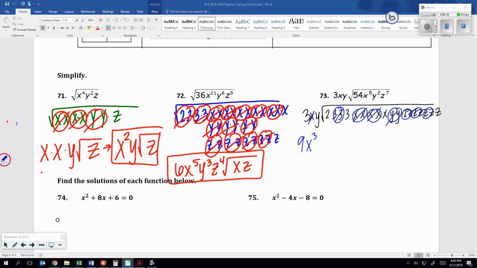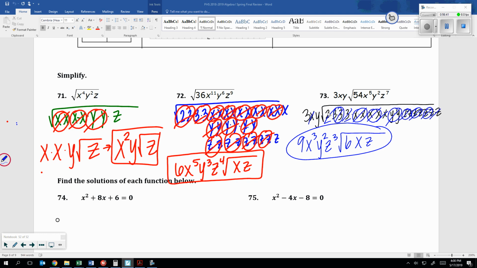I have 1 y, I had 1 out already, so now I have 2. And I have 3 z's, no other z's. Now underneath, I have a 2 and a 3 left, so 2 times 3 is 6. I have an x left and a z left. And there's that answer.